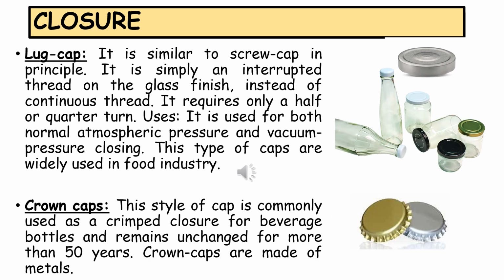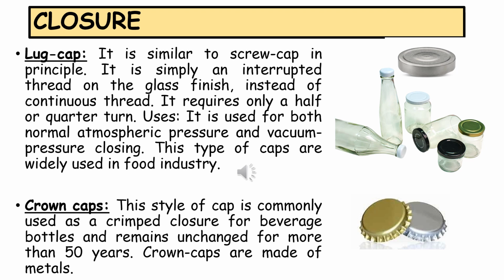Then the next type is lug cap. These lug caps are a type of metal cap or closure, and very similar to the threaded screw cap. It operates on the same principle, just that unlike the continuous thread in screw caps, in lug caps there are lugs, meaning there is an interrupted thread on the glass finish, so the lugs have to be twisted only a half turn to close.